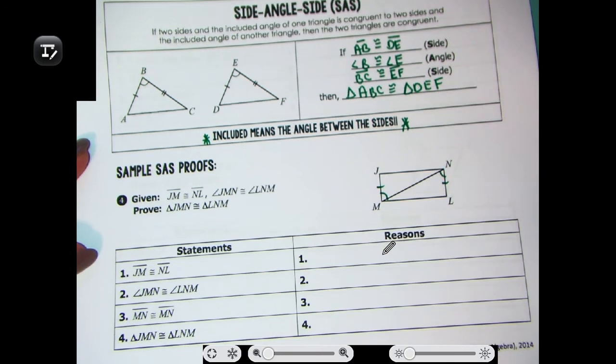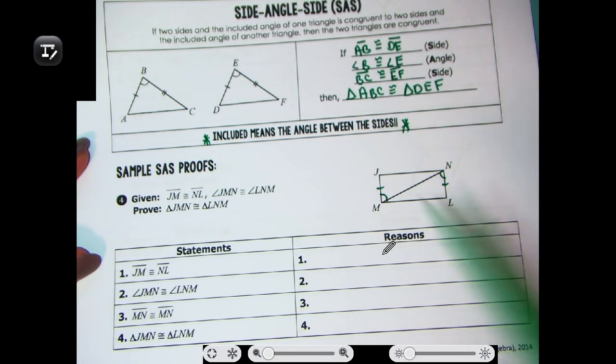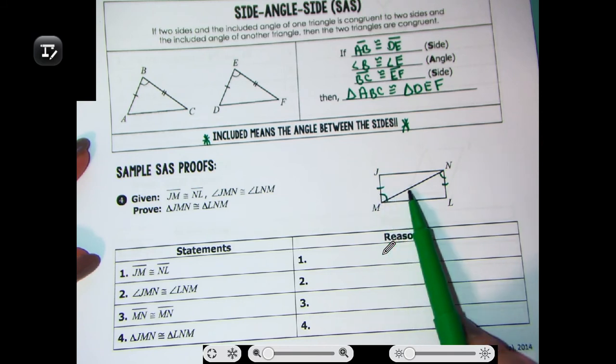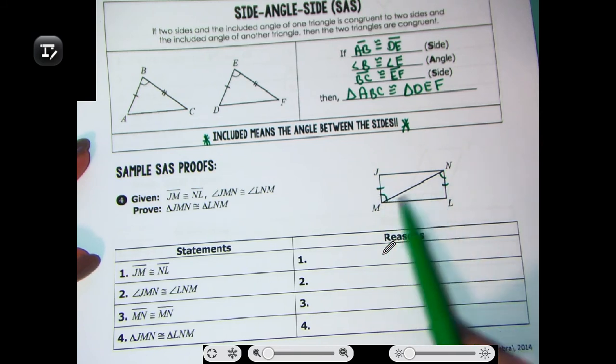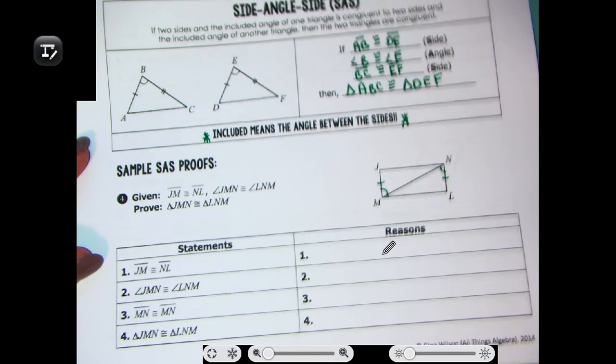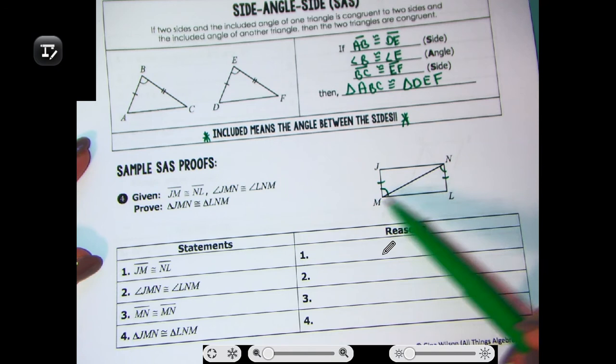So what do we want to prove is congruent? Remember, the angle has to be in between. So side angle side. We need this MN segment. We need to prove that it's congruent in both triangles. And you may remember from this previous proof kind of what we're going to use. Notice these two triangles are sharing this side.